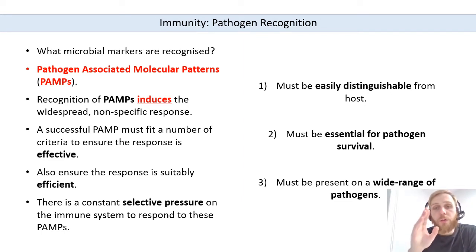PAMPs are also easily distinguishable from host, and what this means is the features that the innate immune system has evolved to recognize don't look like host cell features. And this is, fairly obvious why this is the case.